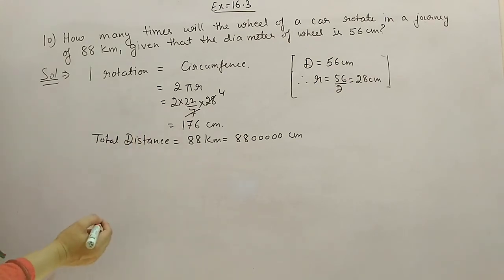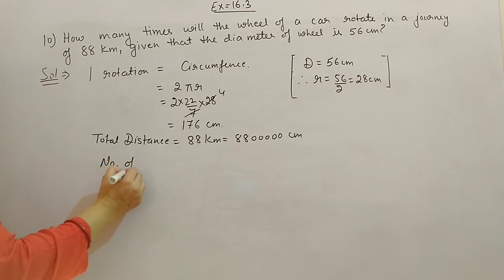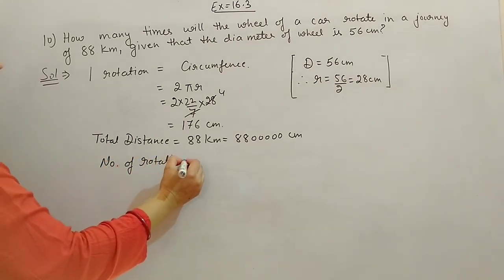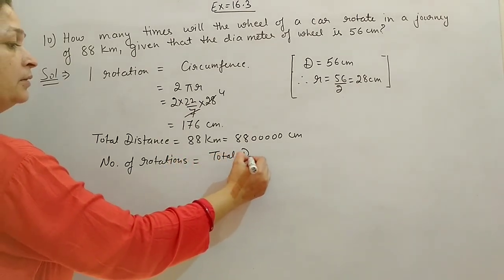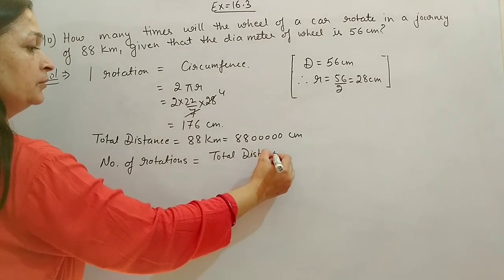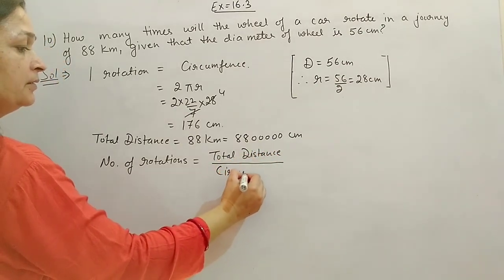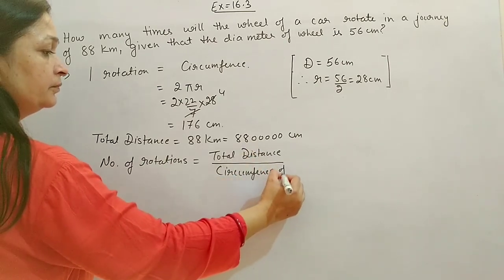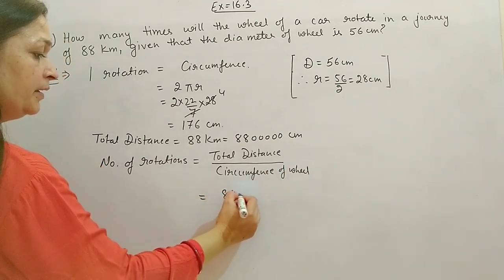Now we can find the number of rotations. The number of rotations is equal to total distance by circumference. The total distance is 8, 8.